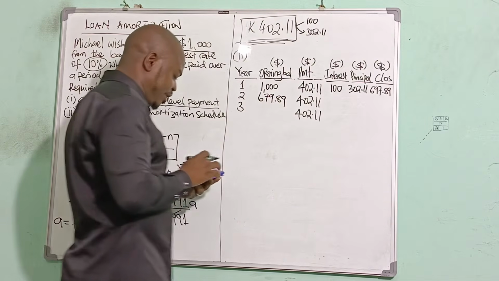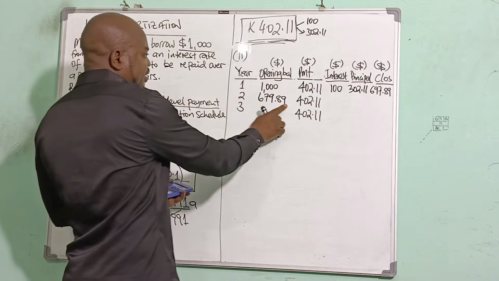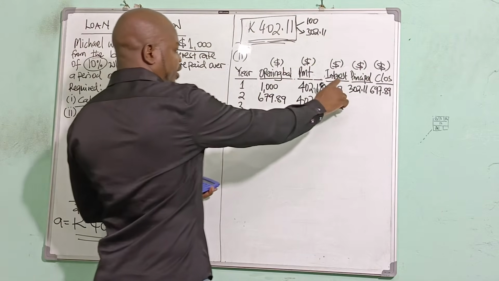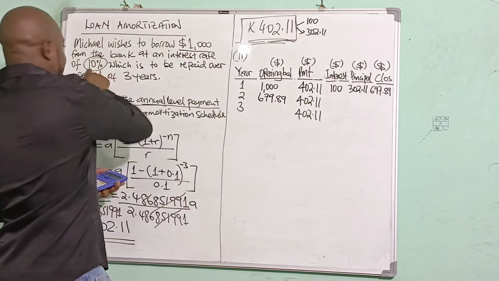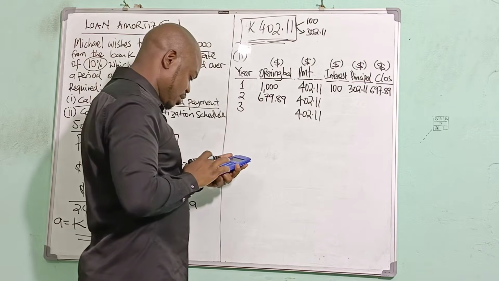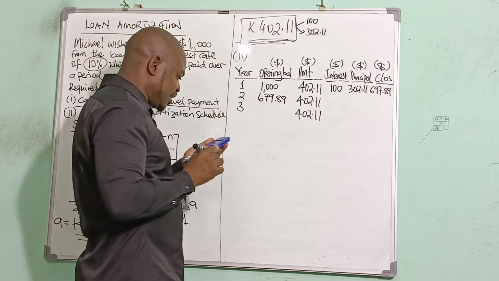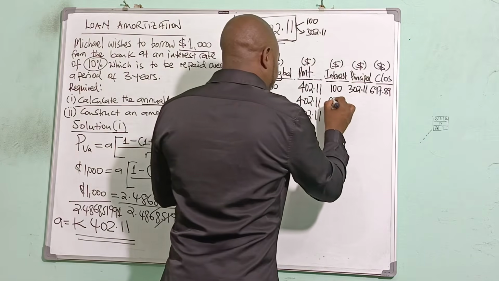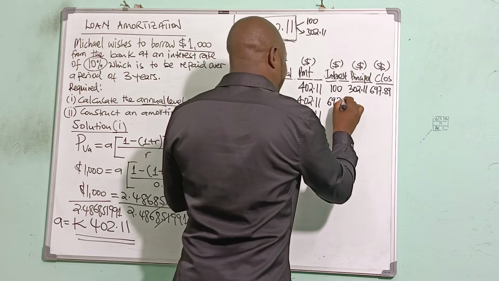That becomes my opening balance for year 2. Again, I'll take 10% of this for the interest, which gives me 69.79.